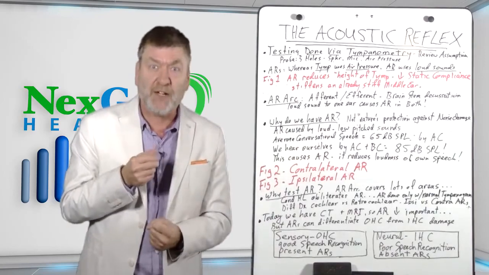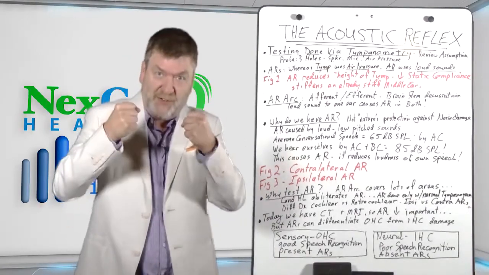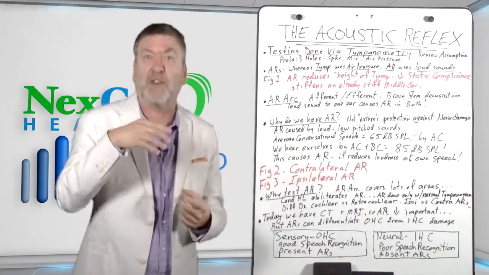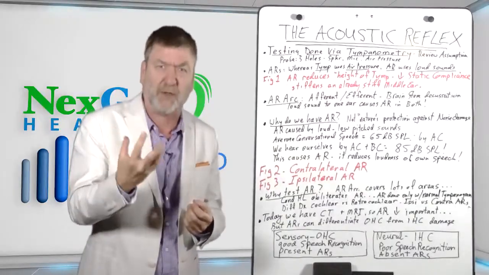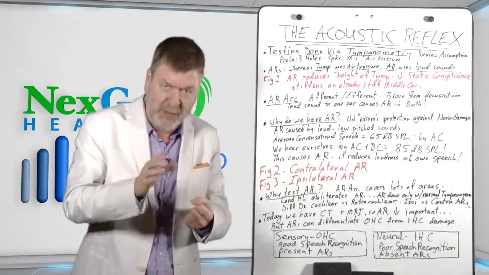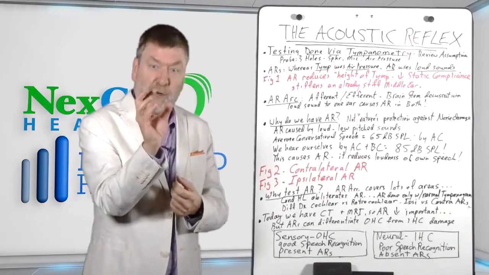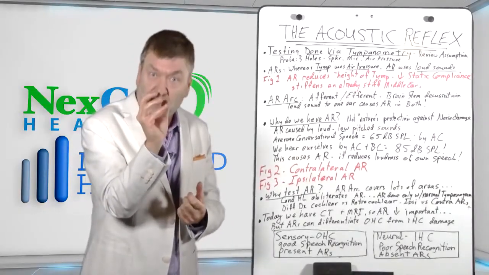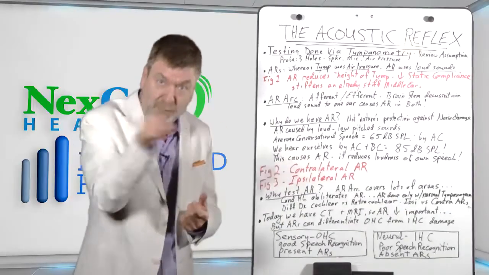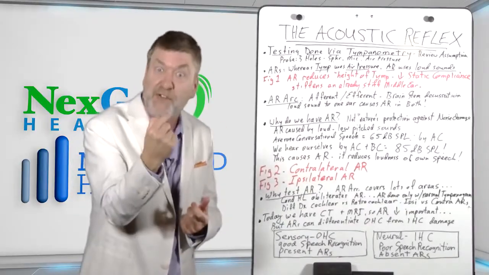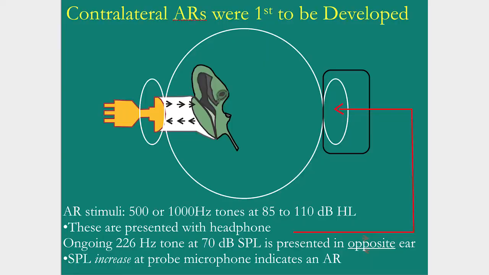It causes an acoustic reflex, which tightens the tensor tympani muscle and the stapedius. By the way, the stapedius muscle is much stronger of a pull than the tensor tympani. But anyway, the acoustic reflex occurs in the middle ear system, therefore temporarily reducing the efficiency of sound transmission through that conductive middle ear system. When that happens, there's a change in the amount of sound bouncing back off of the probe tone.